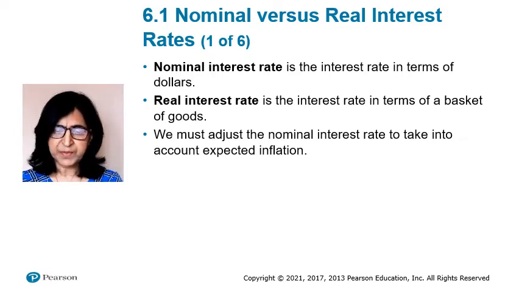Or was it? In January 1980, expected inflation was around 9.5%. In January 2006, expected inflation was around 2.5%. To make an accurate comparison, we must adjust the nominal rates to take inflation into account.